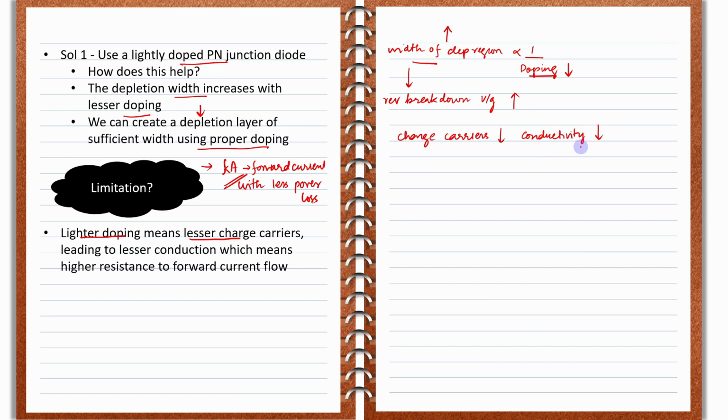When the conductivity of the material decreases, you know that the resistance of the material will increase. So for a particular value of forward current, if you use a lightly doped PN junction, because the resistance value is very high to the forward current, the power losses will increase in the forward conduction.